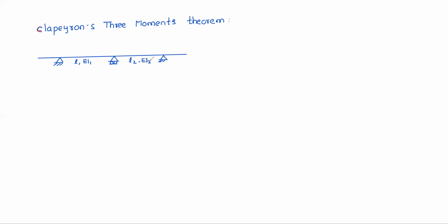Let's assume the points are A, B, C. The beam is continuing further like this, but we are considering only two spans. Let's assume that the deflection curve may be like this, something like this.